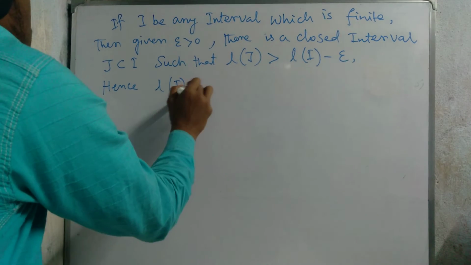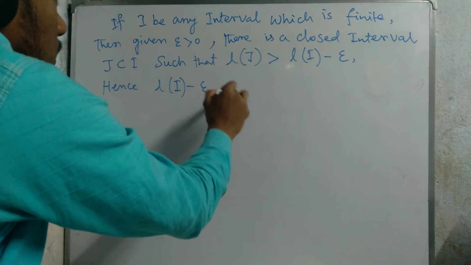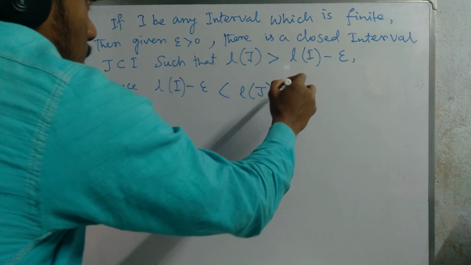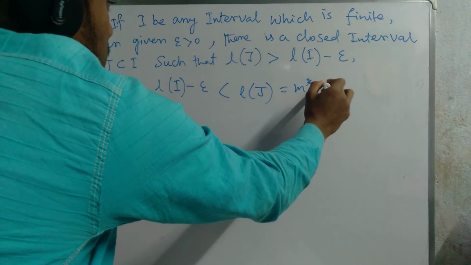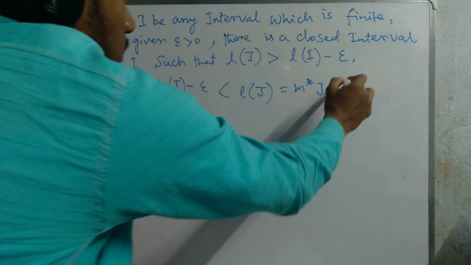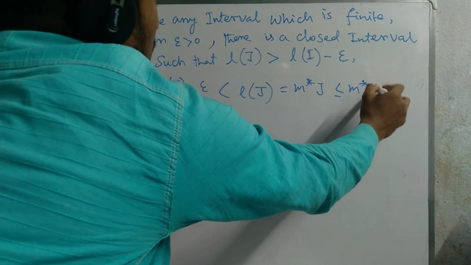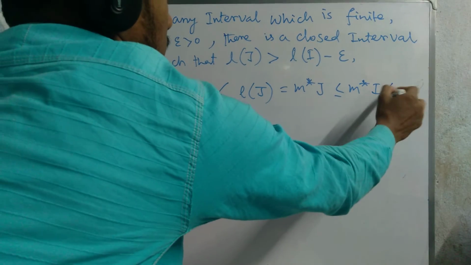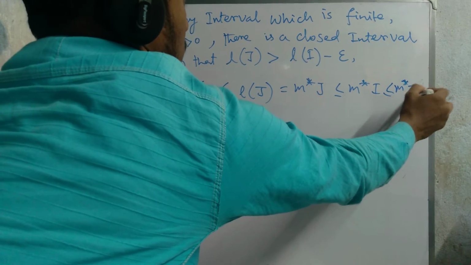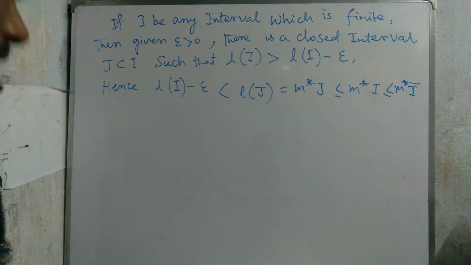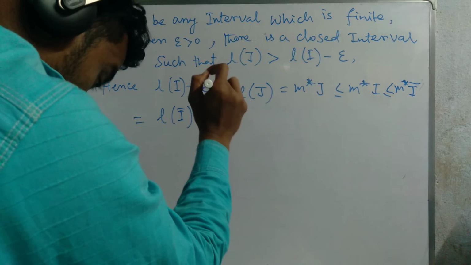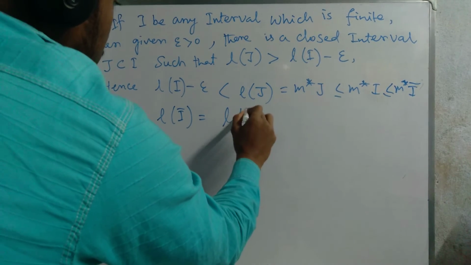Hence l(I) minus epsilon is less than l(J), equal to m star J, less than or equal to m star I, less than or equal to m star of I closure, equal to l(I) closure, equal to l(I).